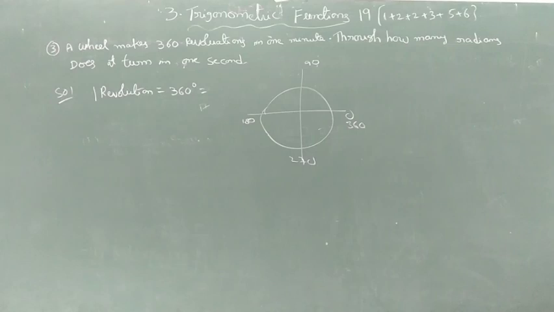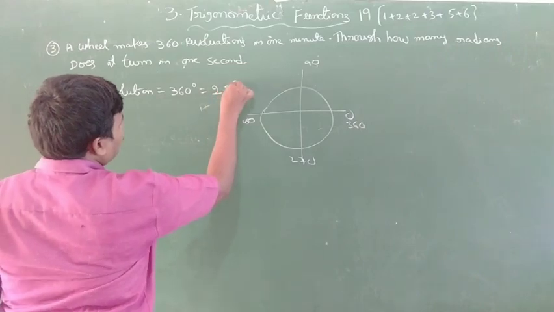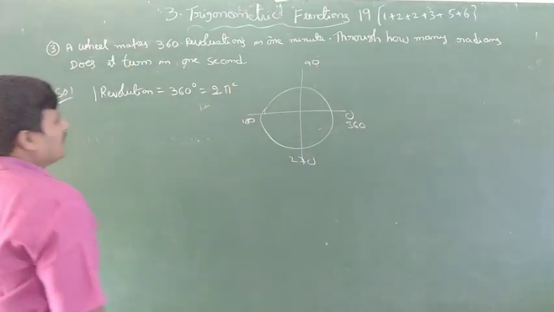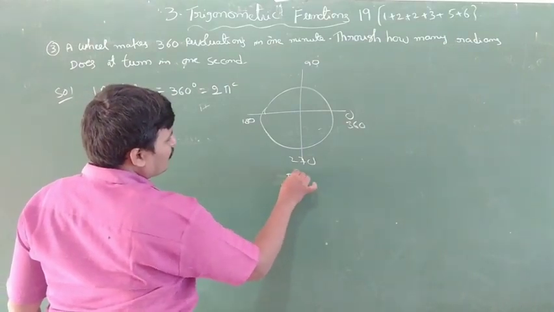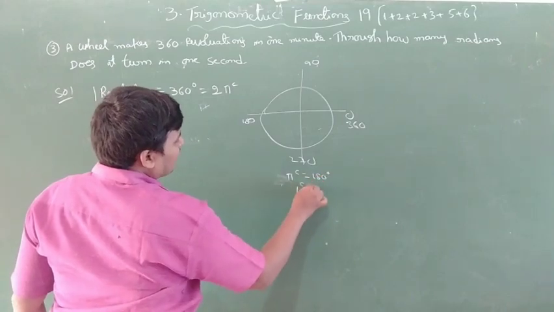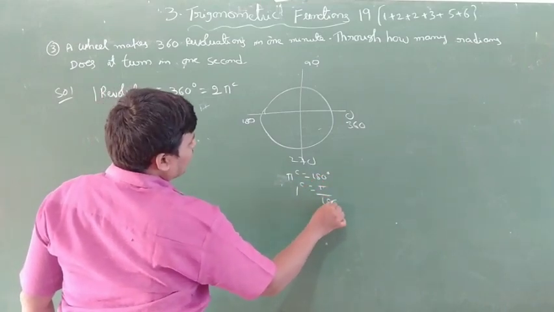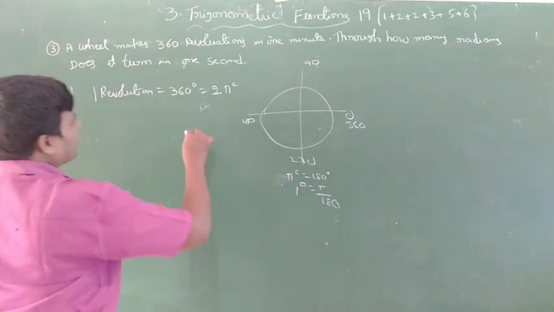Finally, convert into radians. 360 degrees is equal to how many radians? 2 pi radians, because pi radians is equal to 180 degrees. So 1 degree is equal to pi by 180.